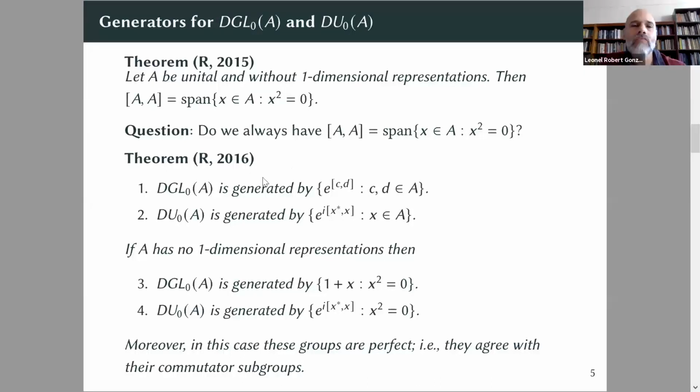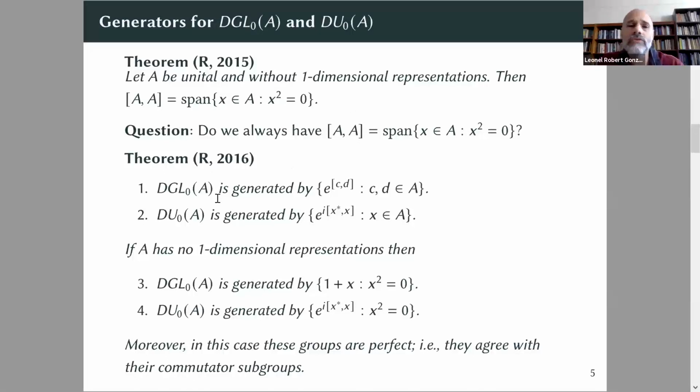Okay, now let's move on to the multiplicative setting. Basically, using the two theorems that I showed you before for breaking up exponentials and also mixing them together, one can prove the first part of the theorem.